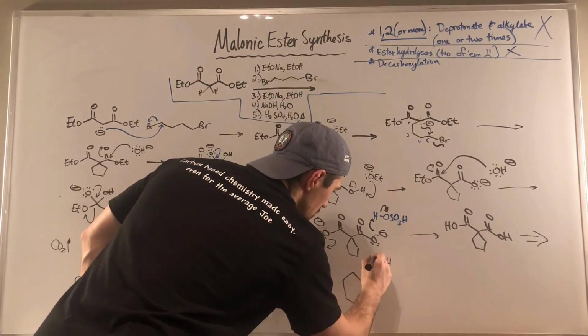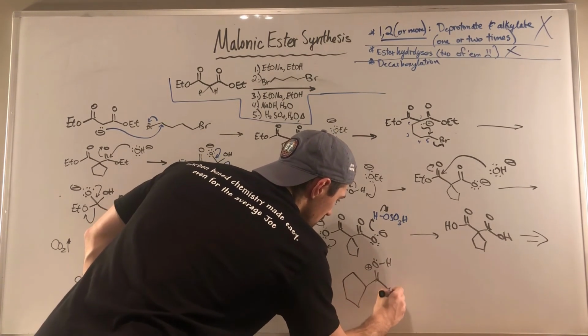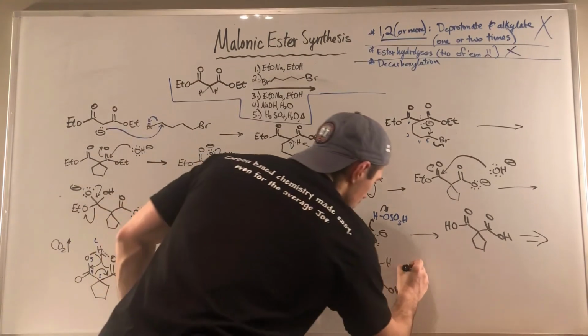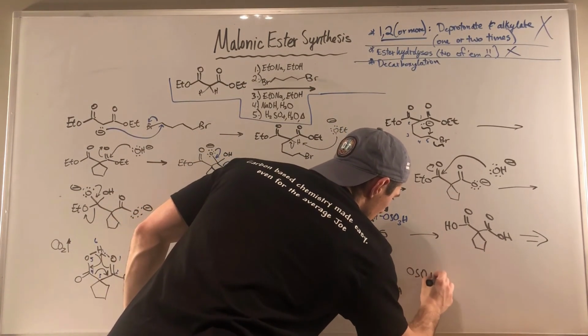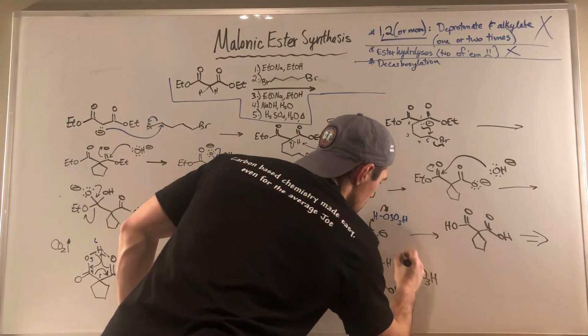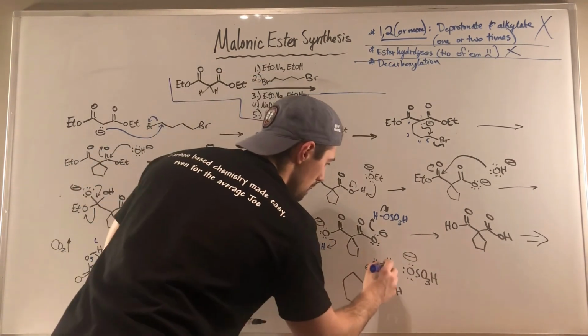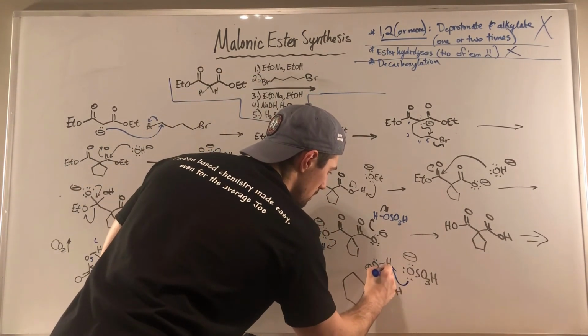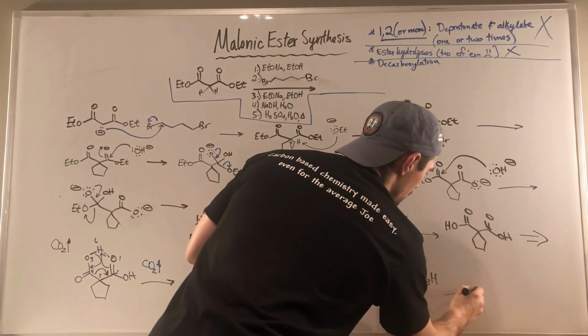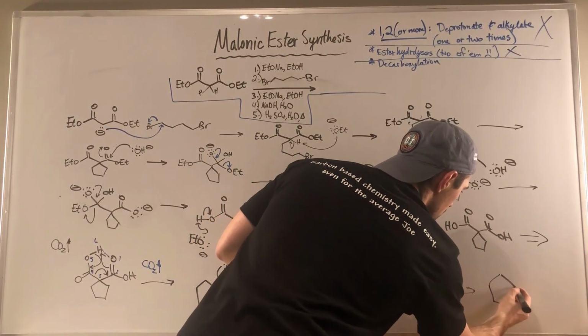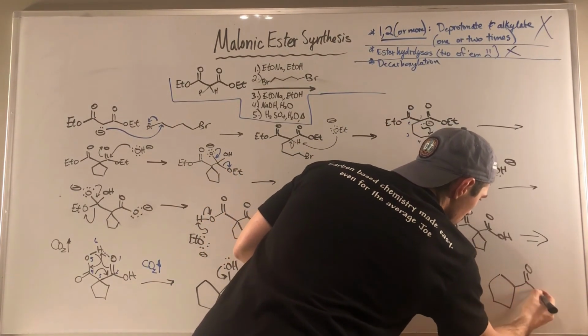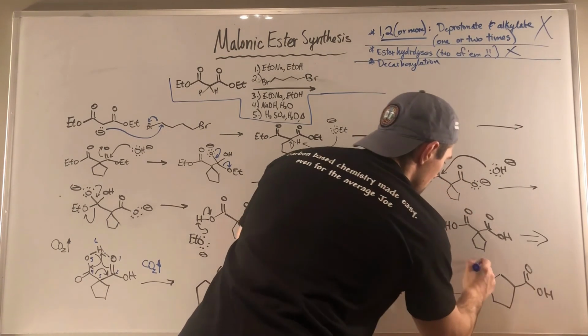We still have this H, right? So we have a positive charge right there. But bring in the conjugate base. Doesn't matter if you use water and hydronium for this. Just choosing to use sulfuric acid. So, woof. This is our final answer.